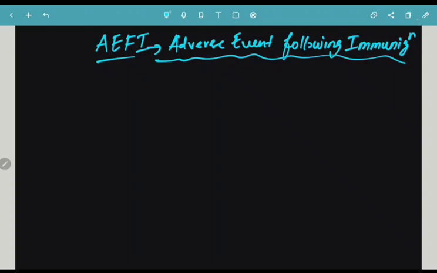That is known as adverse event following immunization.